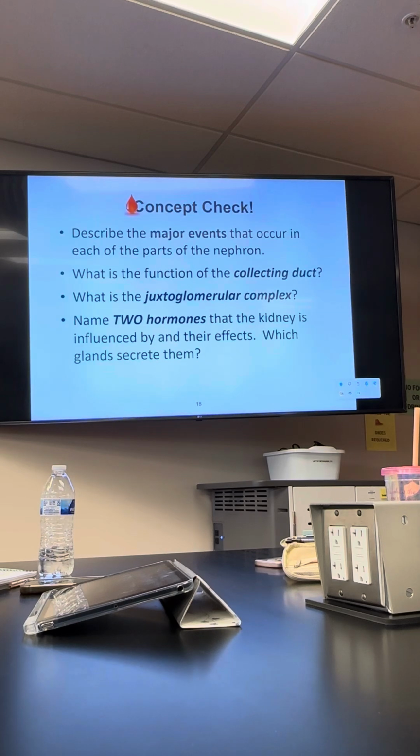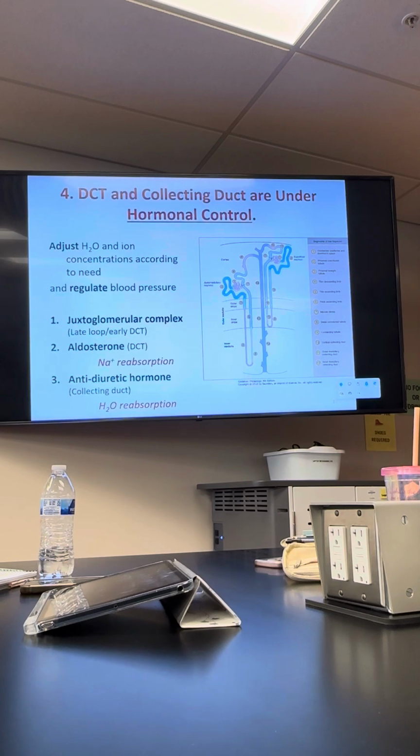Before we leave and go into the ureter, these are the only hormones you need to know for the DCT, the distal convoluted tubule. Did we talk about the JGA already? We did. Why do we have the JGA?